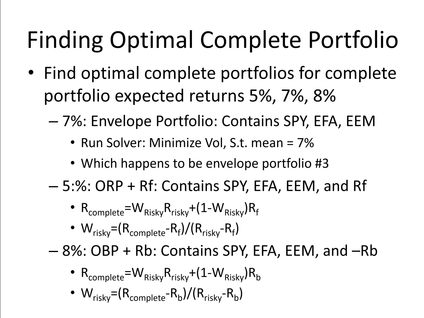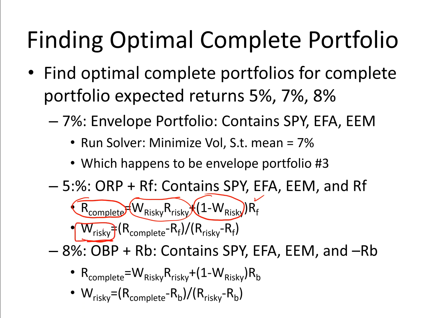Now, a complete portfolio return or a combined portfolio return that combines risky and risk-free assets is the weight in the risky times the return of the risky plus the weight in the risk-free, which is also 1 minus the weight in the risky, times the risk-free. I can rearrange this formula and solve for W risky.